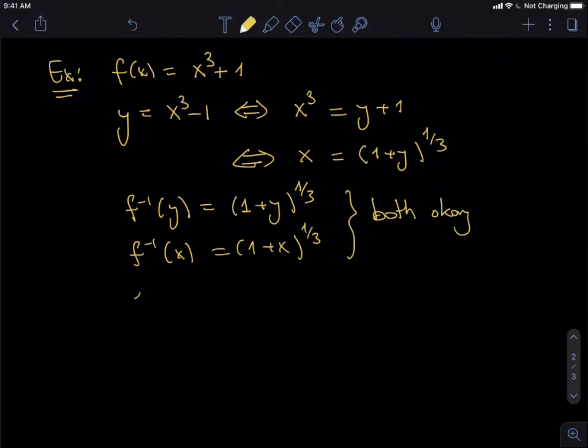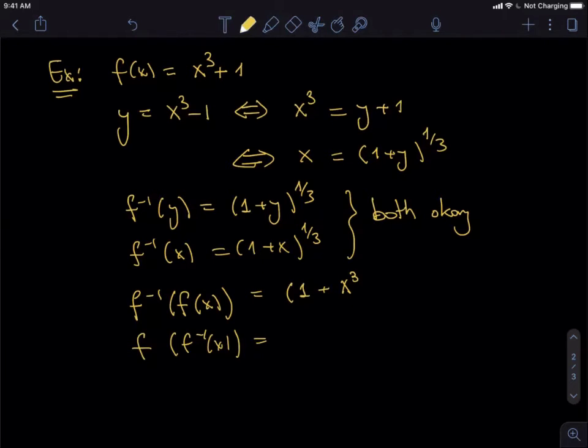Here the important thing we should always check is that when I apply f minus 1 to f of x, or f to f minus 1 of x, I should get x.